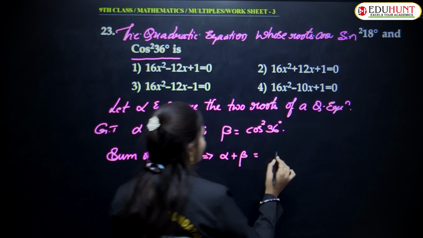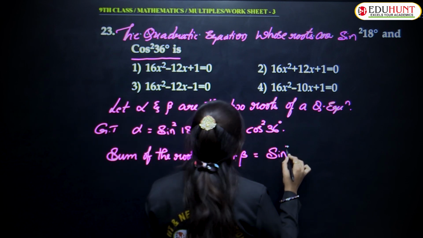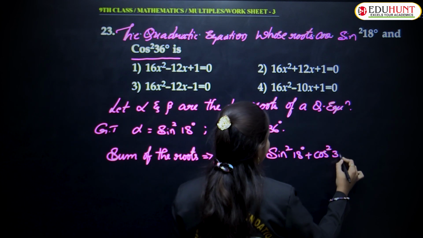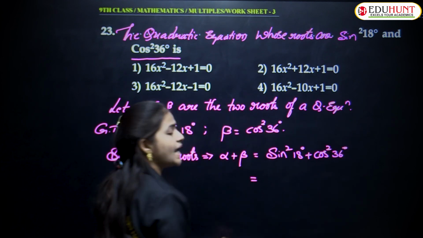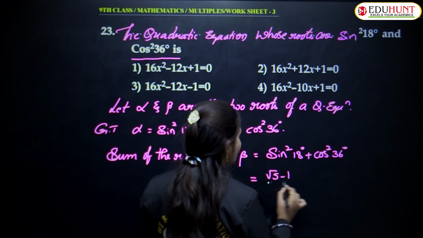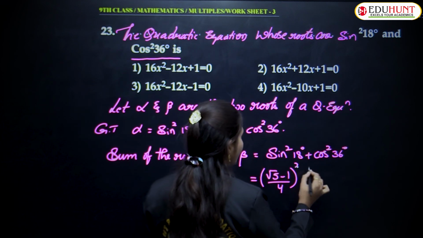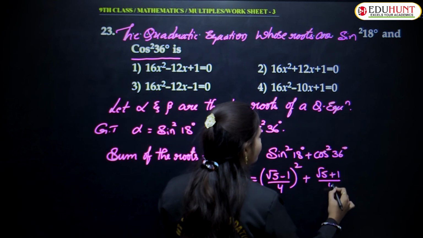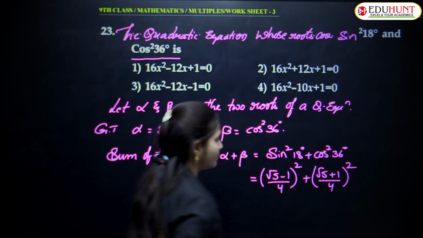So alpha is sine square 18 degrees plus cos square 36 degrees. Sine 18 degrees value is root 5 minus 1 by 4, whole square, plus cos 36 degrees value is root 5 plus 1 by 4, whole square.